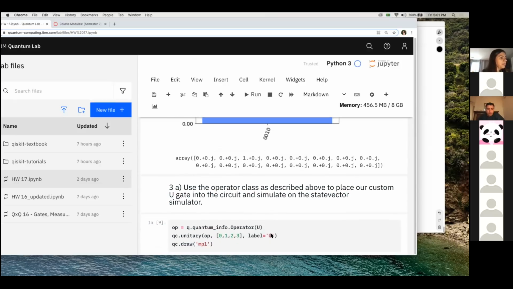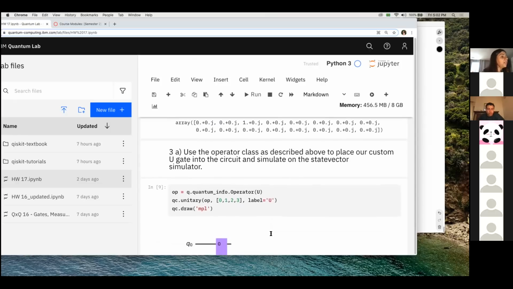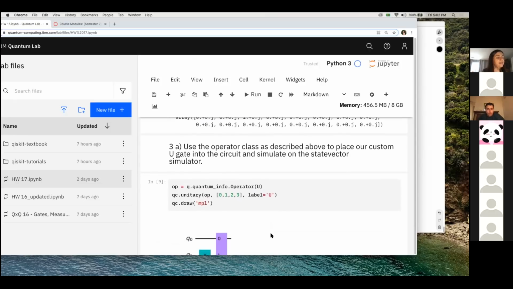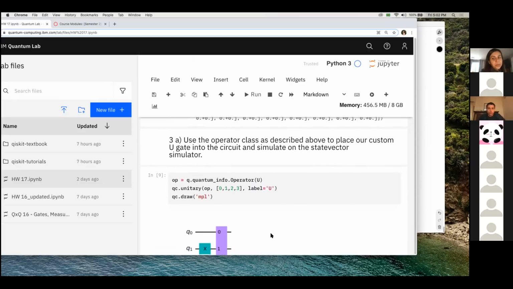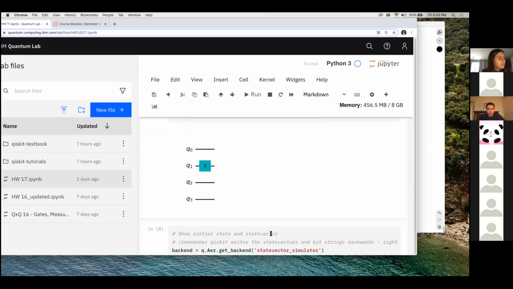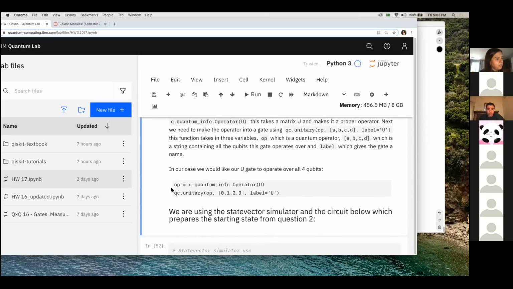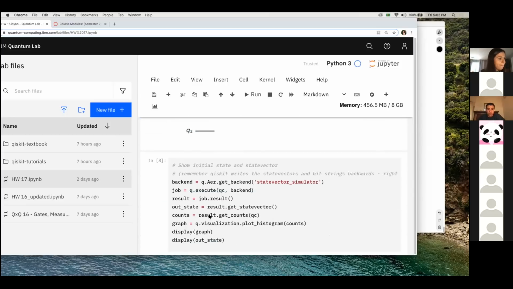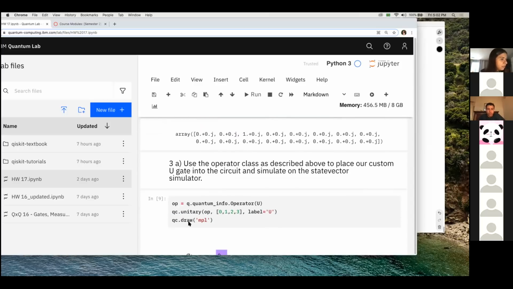Okay, so now we're gonna use the operator class that was described before and use our U gate that we defined before as well into the circuit and simulate the state vector. What we did here is simply we copied the instructions here because the notebook taught us how to do. I simply copied it here and pasted here, just checking that my circuit is actually called QC.